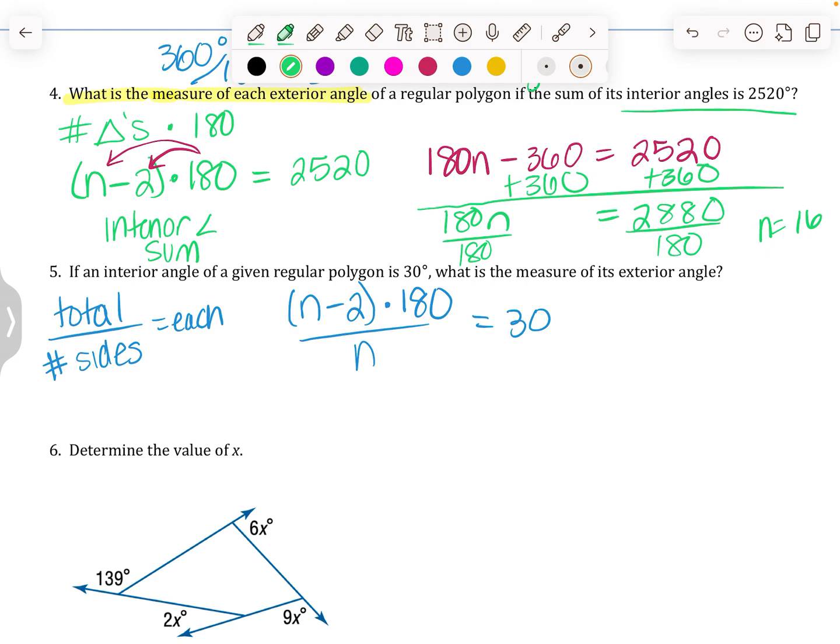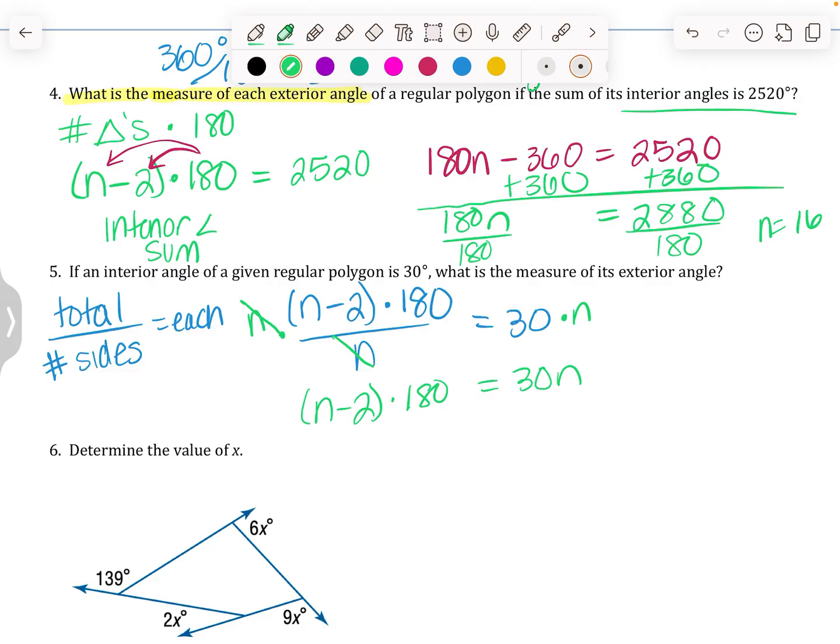First, we've got to get rid of the divide by n over here. The fraction bar represents division. So to undo division, we are going to multiply by n, because n divided by n is 1. That simplifies and gets rid of that, so we have n minus 2 times 180 on one side and 30 times n, which is 30n, on the other.